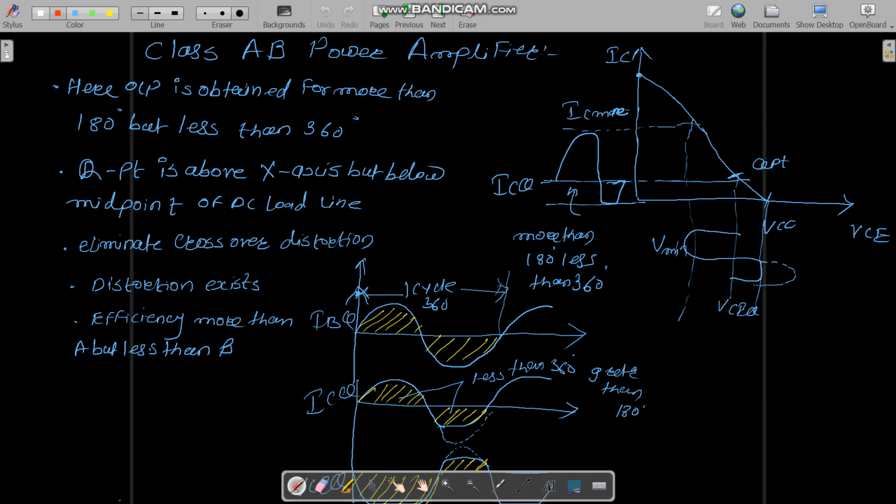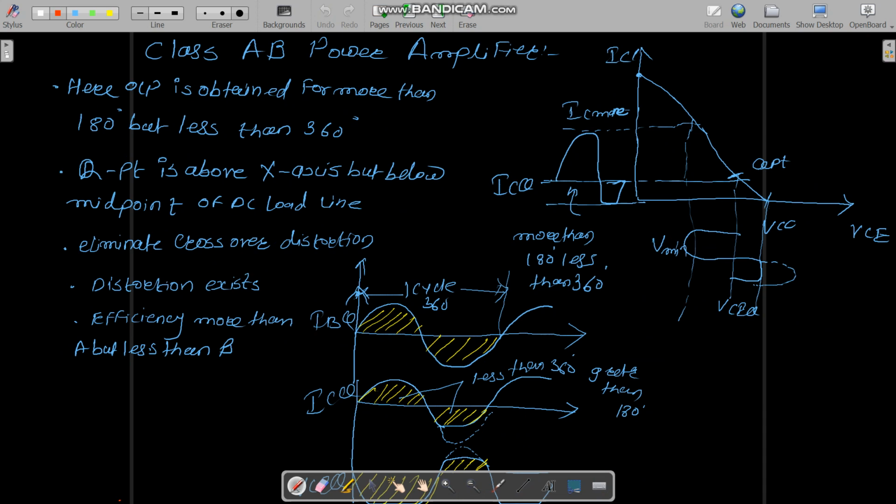That means you can see I didn't select my operating point on the x-axis nor on the center or midpoint of the DC load line, but simply just above the x-axis, just below the active region. Because of that, my output is produced only for more than 180 and less than 360 degrees. I can say approximately for 270 degrees I get my output.